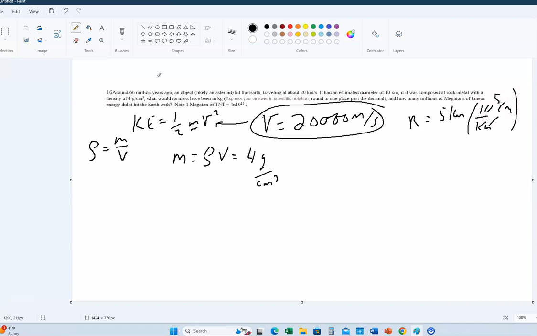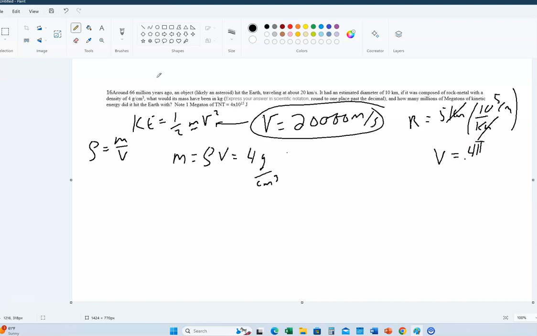So the kilometers cancel. In other words, let me write the volume equation as well. This is all in our sample problems, in the formula sheet, I should say.